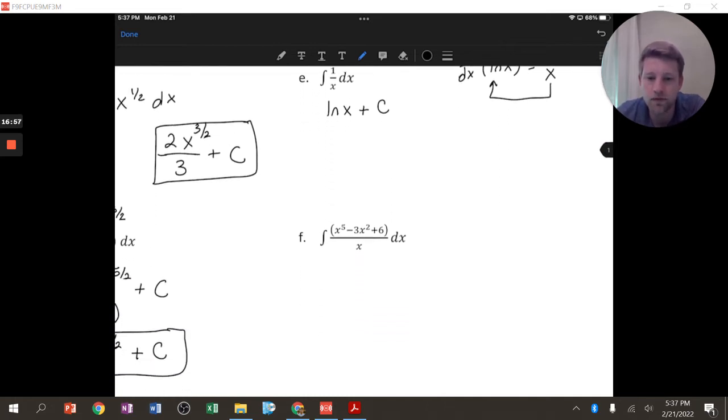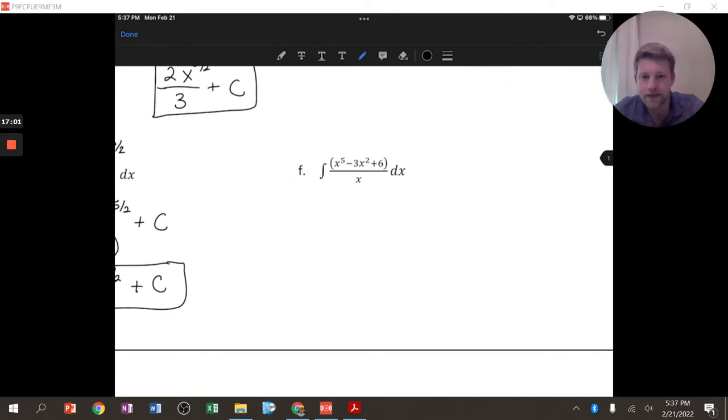Part F looks a little complex because of a quotient here, but whenever we are faced with some quotient, it's a good idea to consider, could we simplify this before taking an antiderivative to make it less complicated? And in this case, I think we can break this down with some algebra on the front end. So I'm going to consider dividing each of my 3 numerator terms by this x quantity and see where I get.